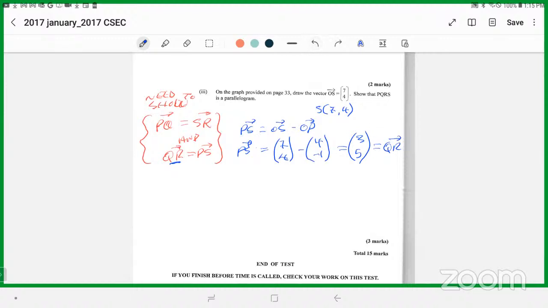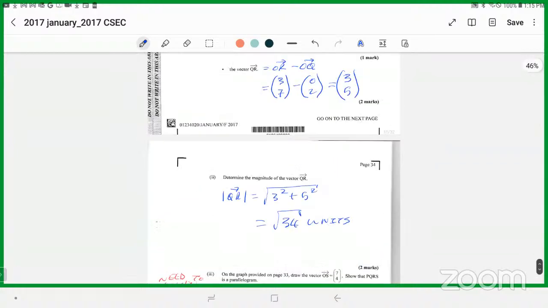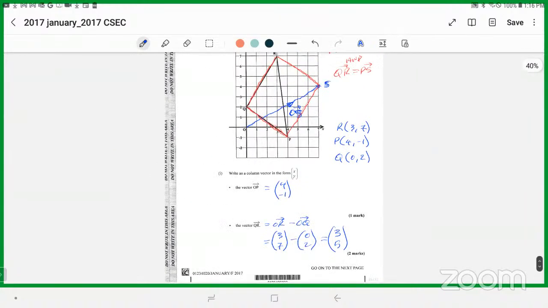So the first part is done. We need to work on this part now. So we're going to work out PQ. PQ is OQ minus OP. And the OQ was what again? Yeah, (0, 2) is the OQ, and the OP is (4, -1), right?